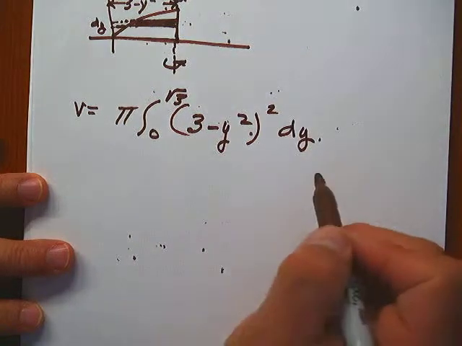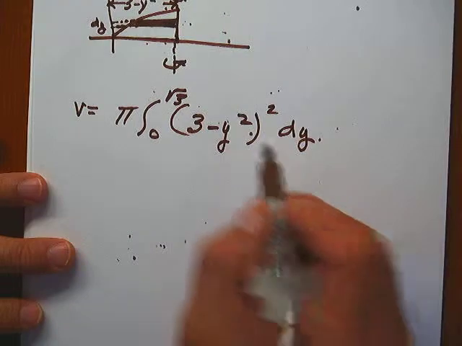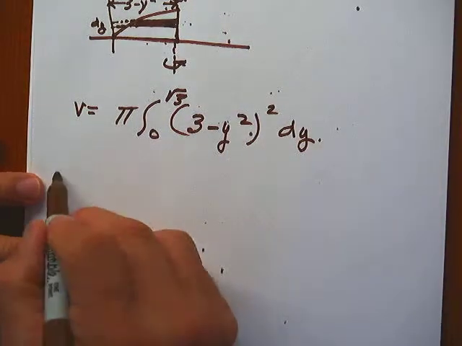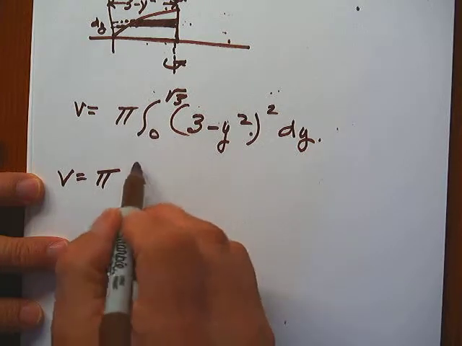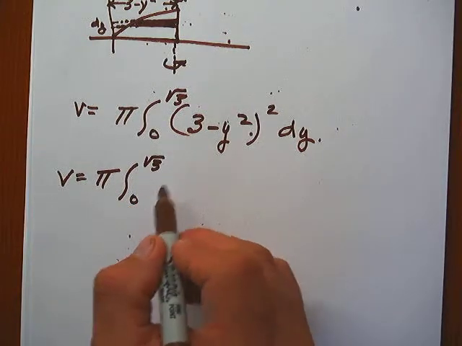So that's pi, 0 to the square root of 3, of 3 minus y squared quantity squared dy.